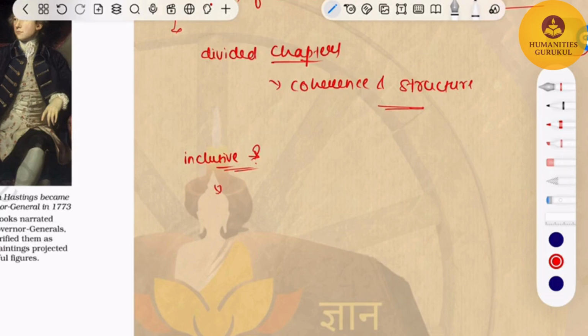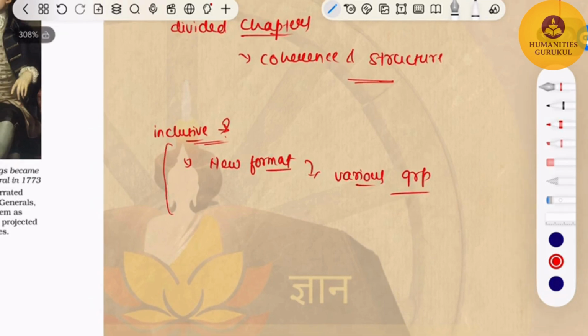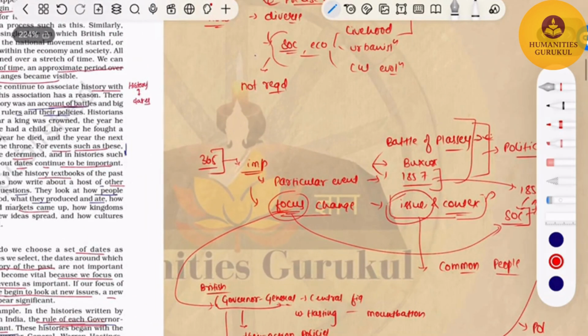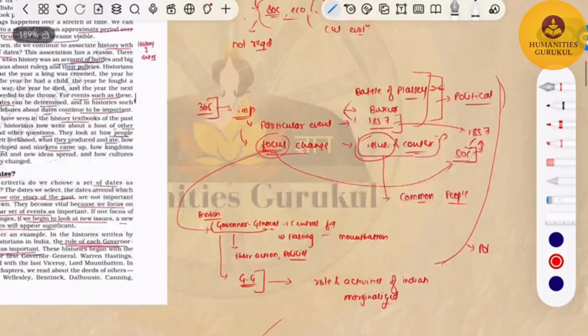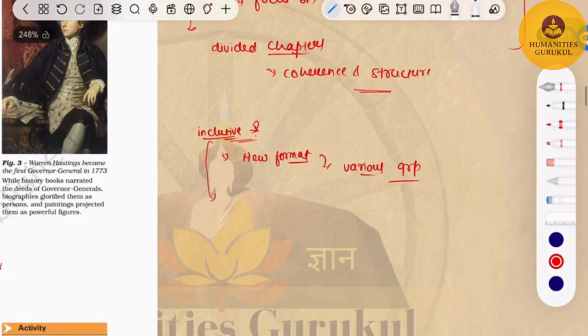A new format is needed. It will discuss various other groups, what they contributed in Indian history, how they were important. I'm discussing this topic because it is all about focus. So if we are changing our focus apart from political history, there is a shift of focus.